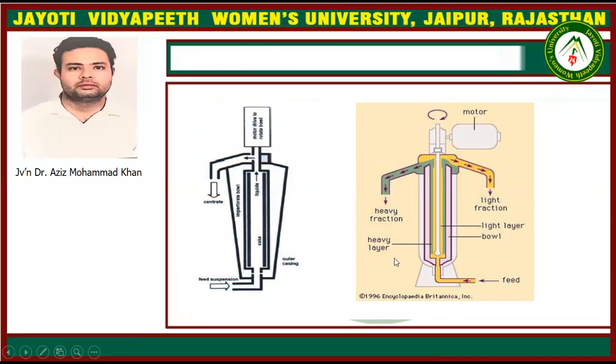After rotating, the heavier particles will settle down here and the light particles will be above, because the light particles are less dense, so they will be in the upper part, and the heavier particles are highly dense, so they will be in the pellet part.